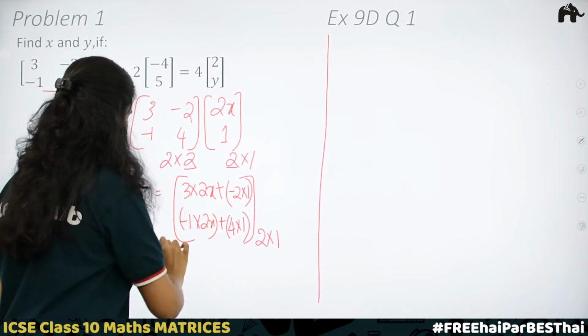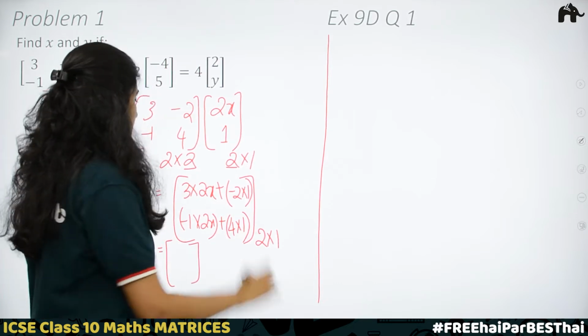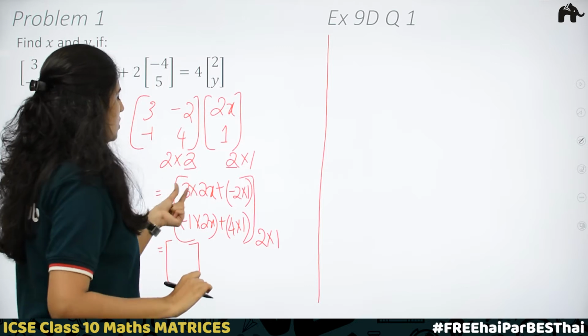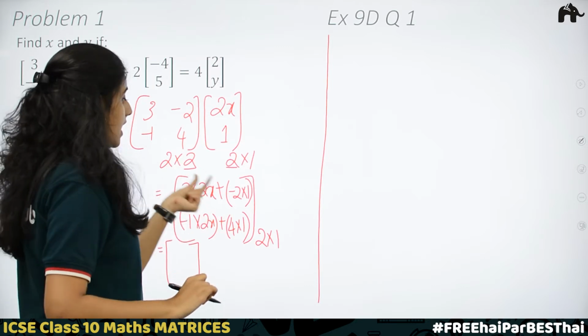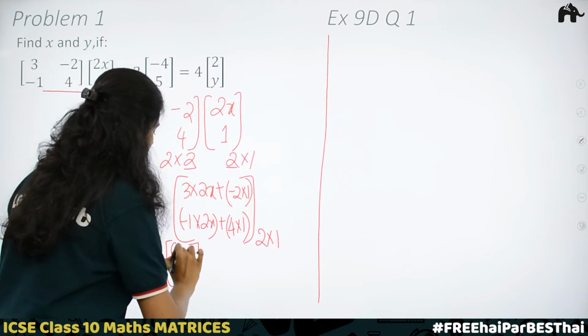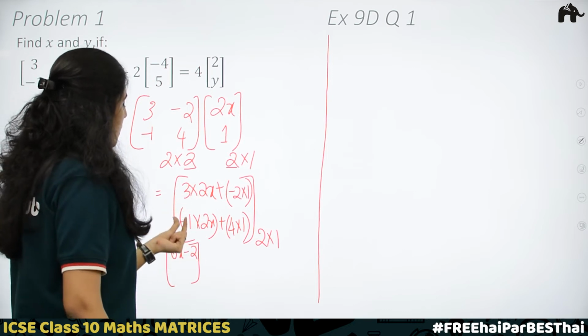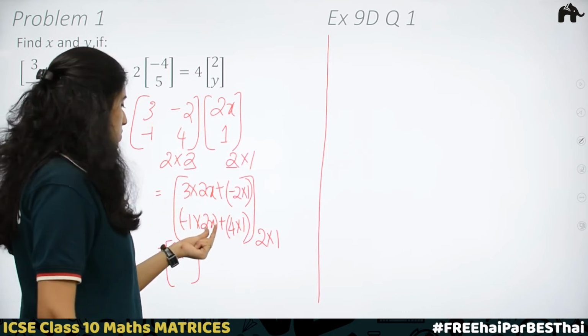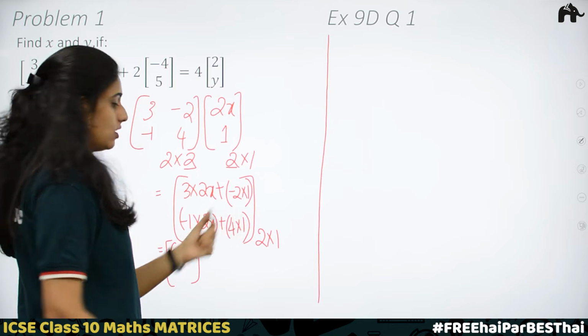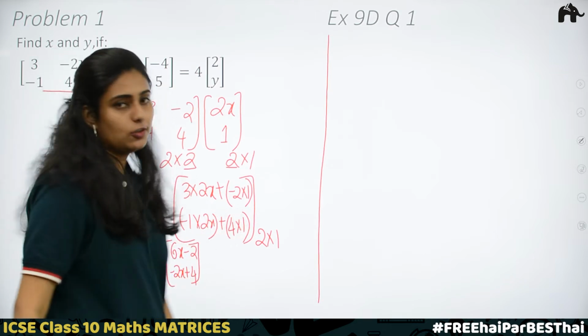What are the elements of the 2 by 1 matrix? 3 into 2x is 6x, and minus 2 into 1 is minus 2. 6x minus 2 is the first element. For the second element, minus 1 into 2x is minus 2x, and 4 into 1 is 4. Minus 2x plus 4.